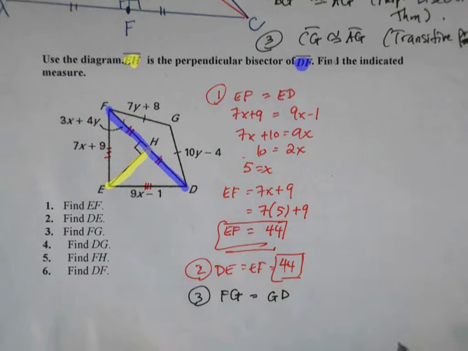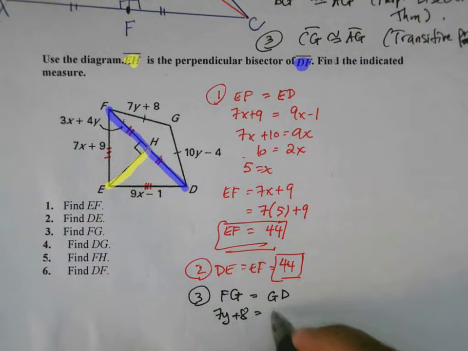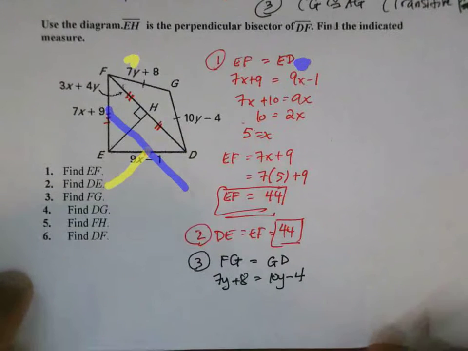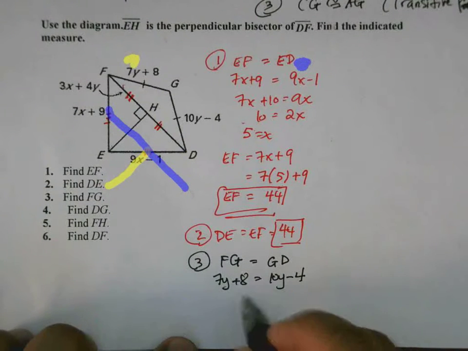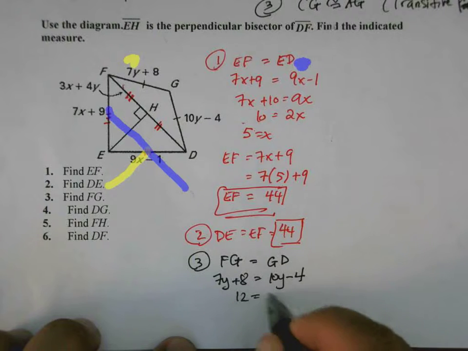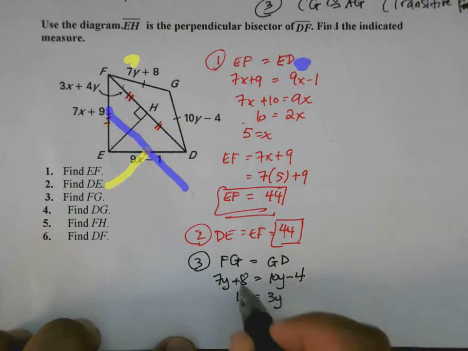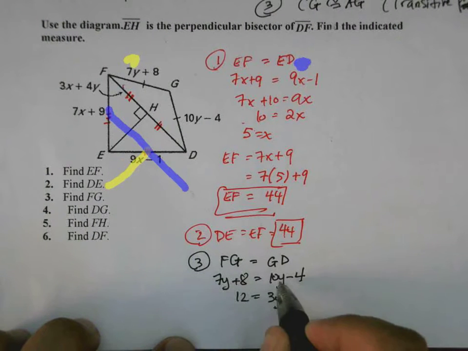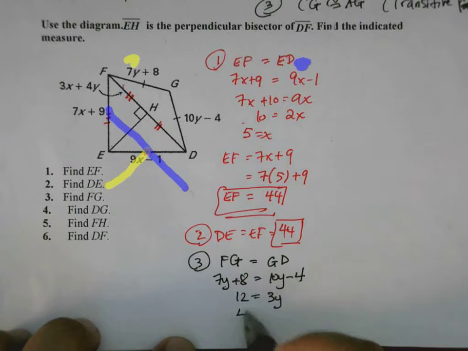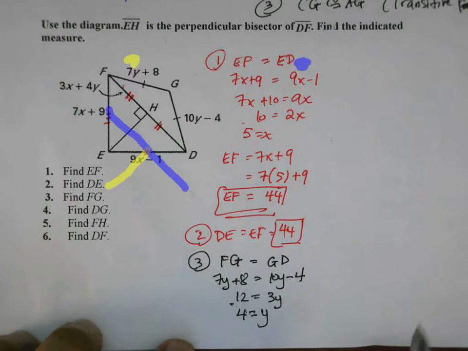Then we make the substitution. 7y plus 8 is equal to 10y minus 4. Solving for both sides, we get 12 equals 3y. So add 4 to the left, subtract 7y from the right. 4 equals y. Again, not our final answer.